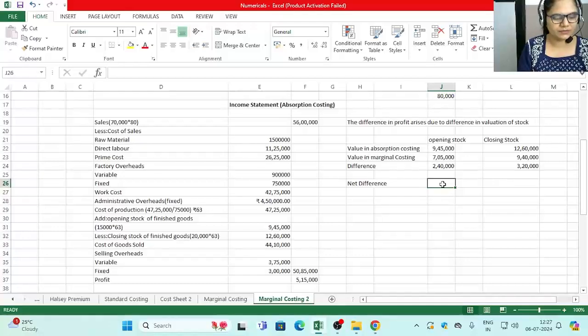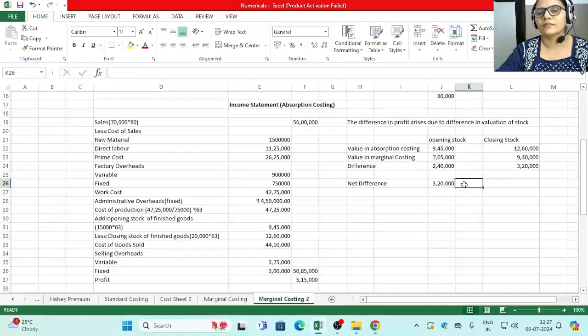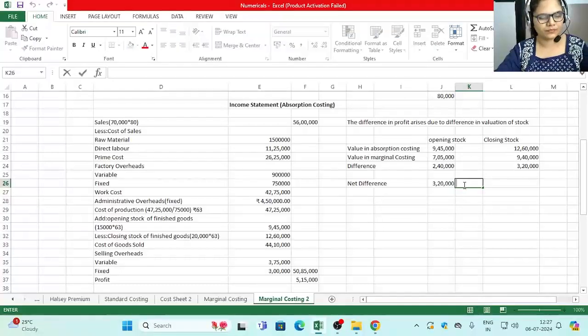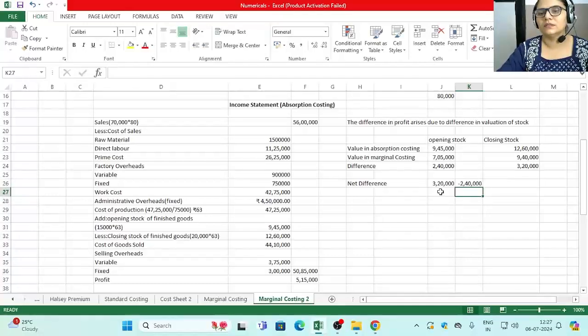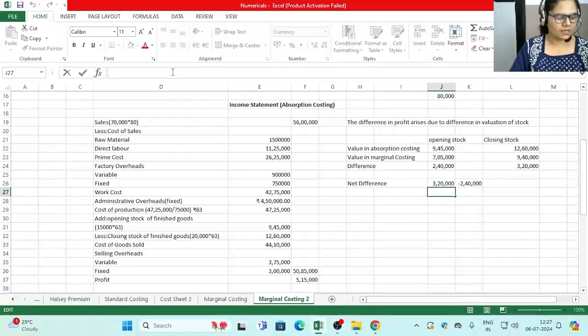That is 3,20,000 minus 2,40,000 will give you 80,000. 80,000 is the net difference.